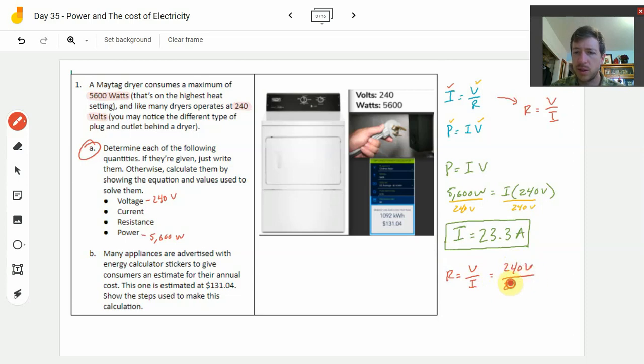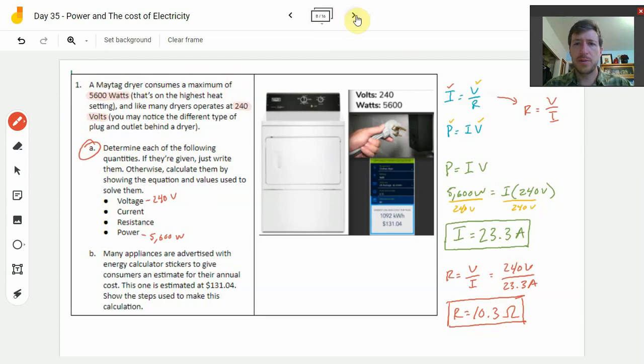The current we just found was 23.3 amps. Therefore, the resistance would be 10.3 ohms. Right, so there are my two unknowns for this first problem. The current is 23.3 amps, and the resistance is 10.3 ohms. So a pretty low resistance for something of that size.